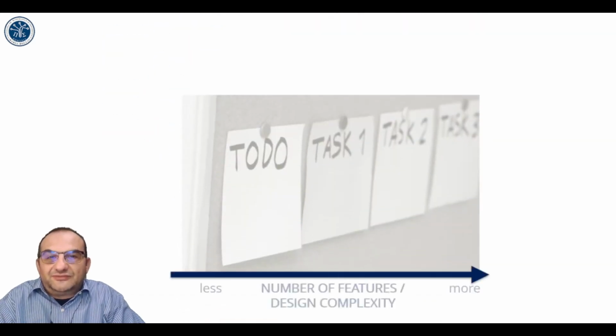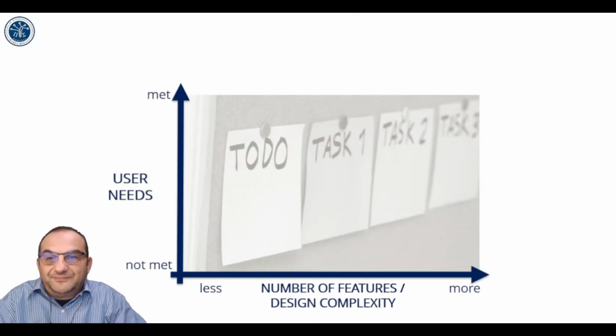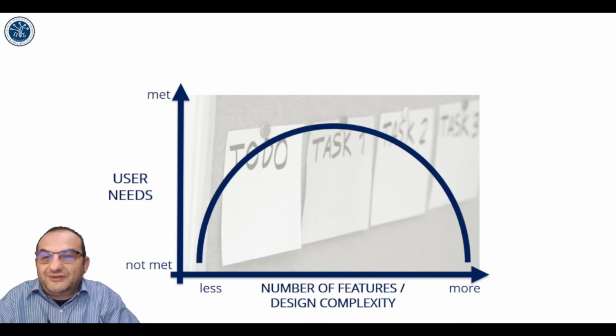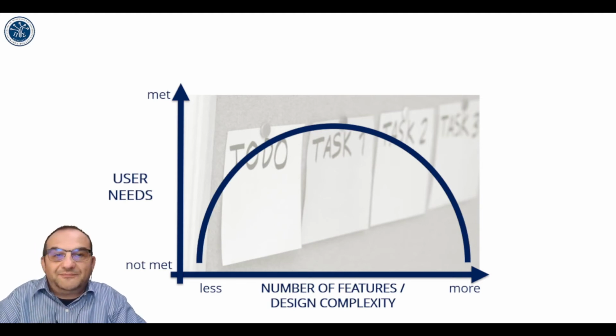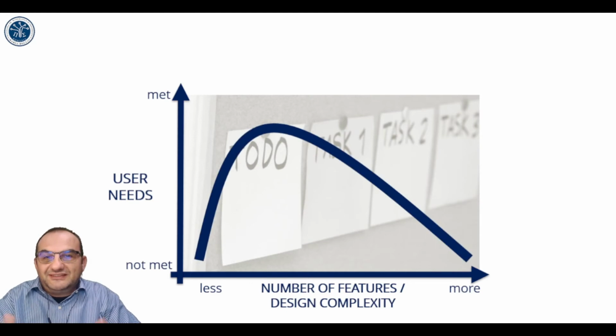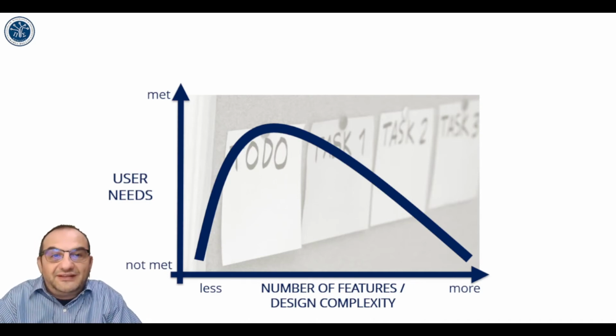Also, the complexity of the design or the number of features influences the user satisfaction. And that user satisfaction is influenced in the same way, following an inverted U curve. The curve looks maybe slightly different if you are considering the Pareto law again, which says that in this situation, 20% of the functionalities of one software application are used 80% of the time, and 80% of the functionalities are used very rarely, just 20% of the time.